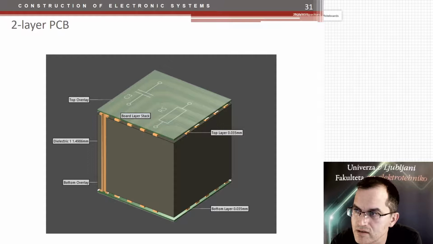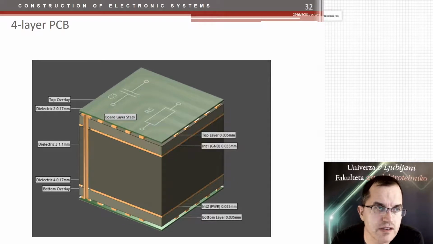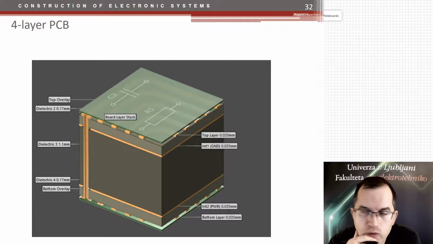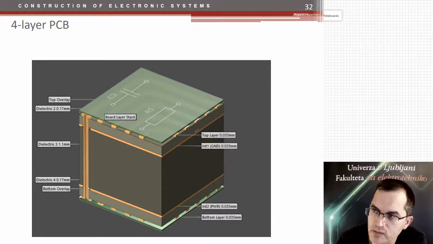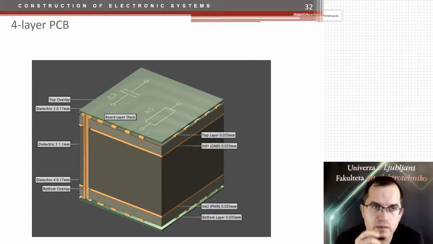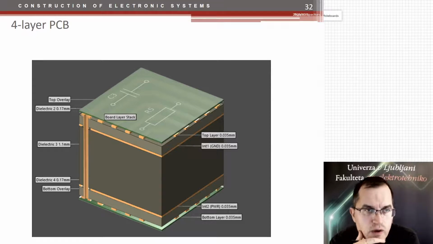So 1.5 millimeters is the thickness of the core. And this is a 4-layer PCB, which has 2 intermediate layers, of which one is completely ground and the other is completely power. And the wires are through-hole wires, so no blind or buried wires are here.